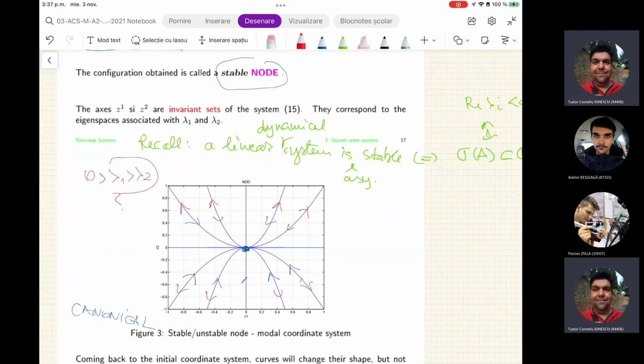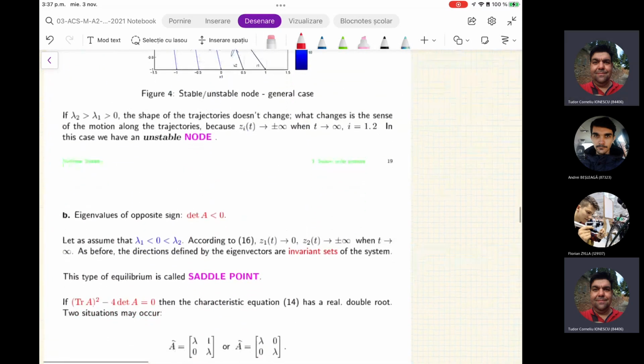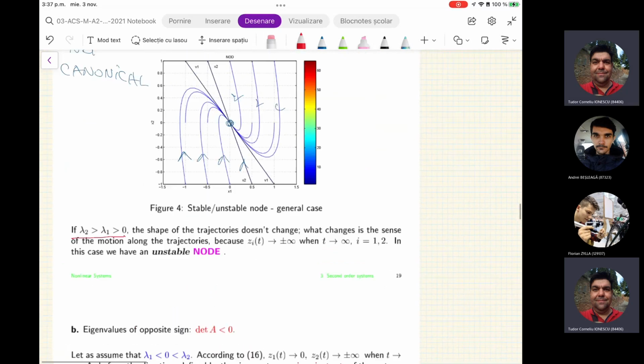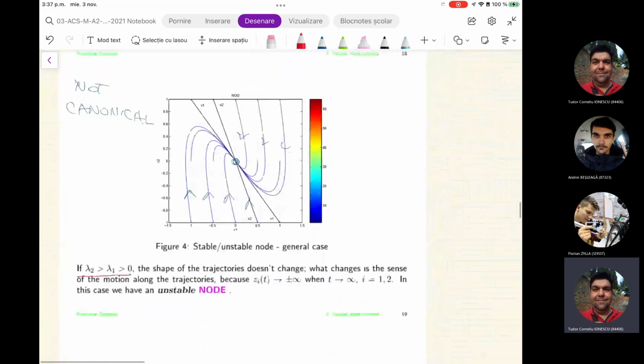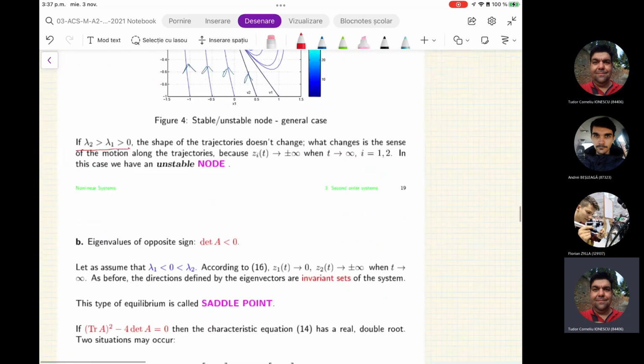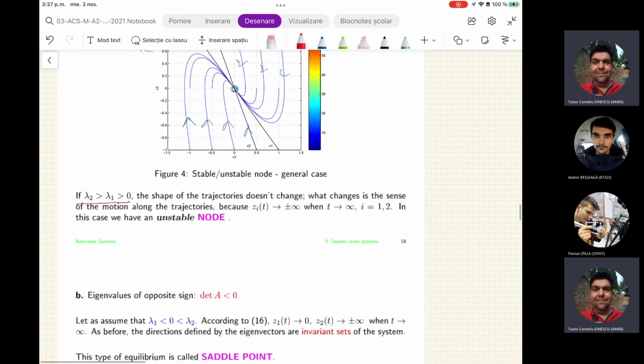So if this happens, it's an unstable node. And that's what it says here. The shape of the trajectory isn't changing, but the sense of the motion, the direction of the motion along the trajectory, is changing.